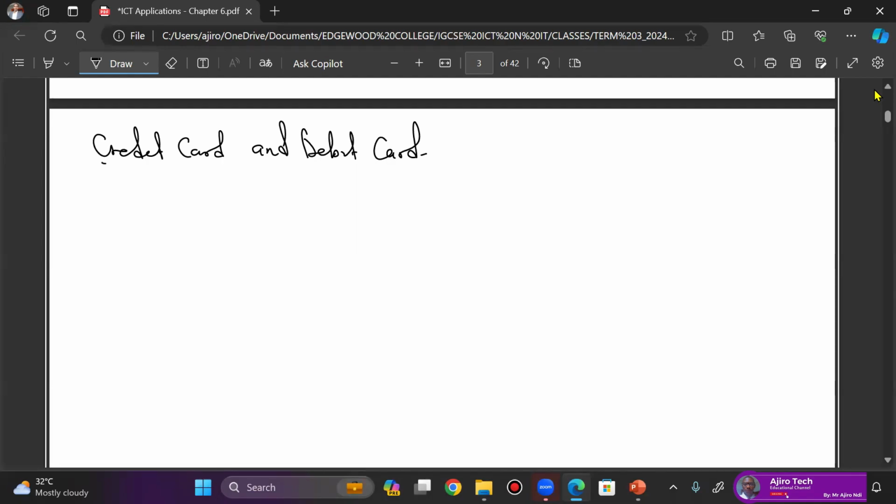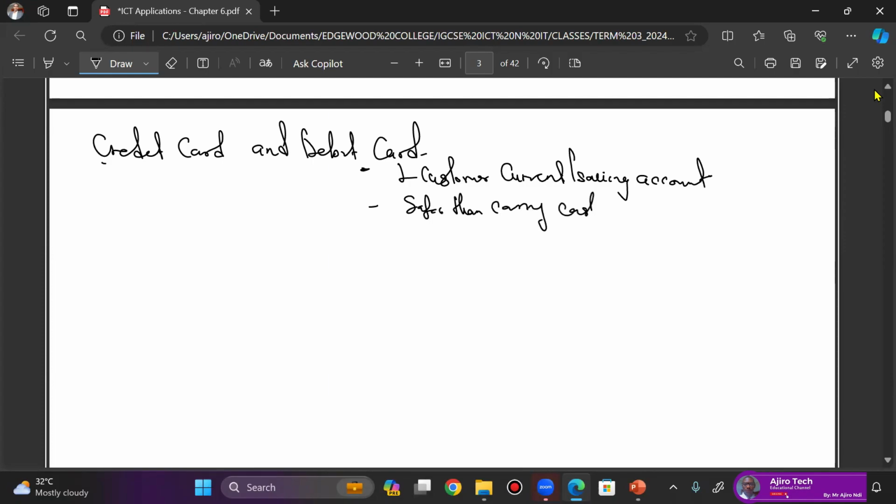But when we talk about the debit card, this is money that comes from the customer, right? It comes from what? The customer's current account. Current or what? Savings account. For debit card, the advantage is that it's also safer than carrying cash.